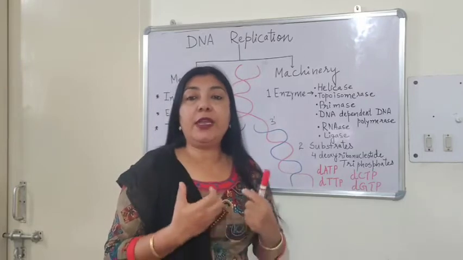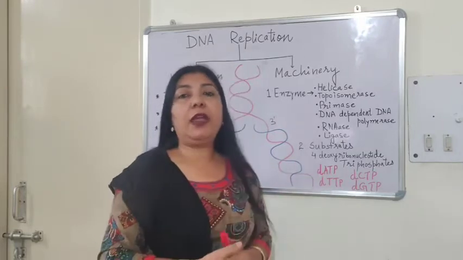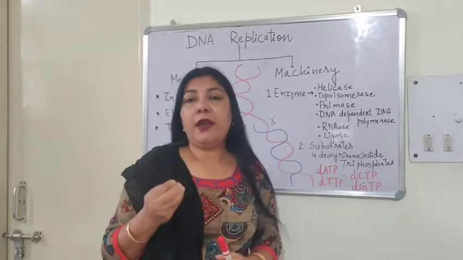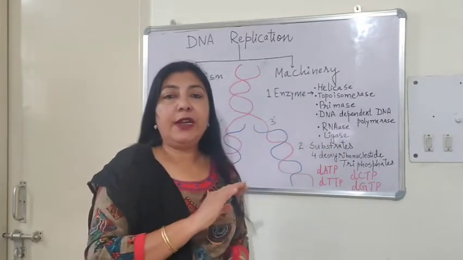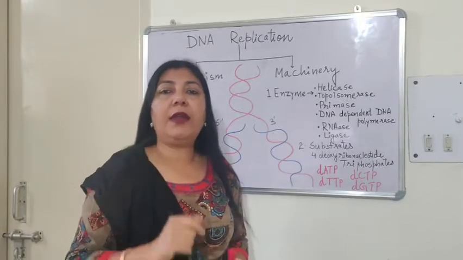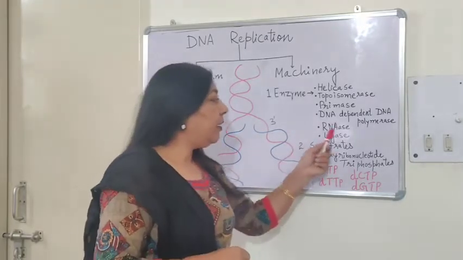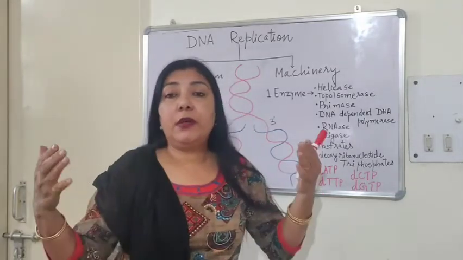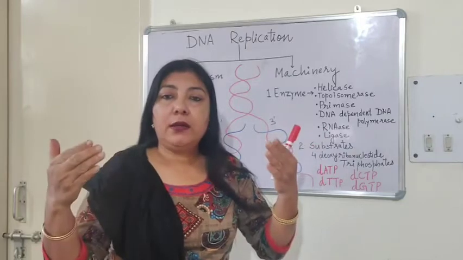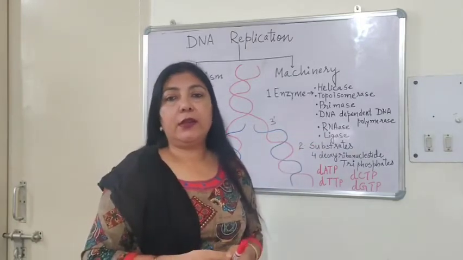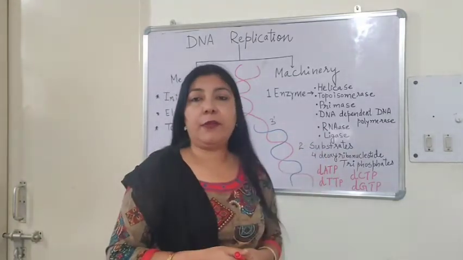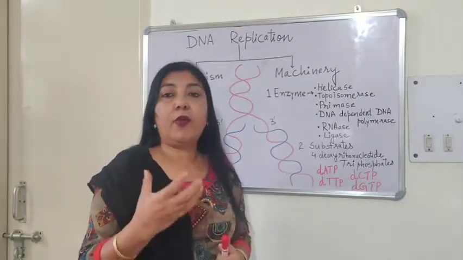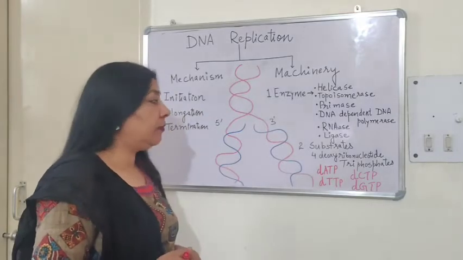This enzyme is mainly responsible for DNA elongation. Next is RNase. RNase is an enzyme which will digest small RNA strands. Next is ligase. Ligases are the enzymes which bind the segments of DNA, so it's a binding enzyme. So these are the different enzymes required for DNA replication.